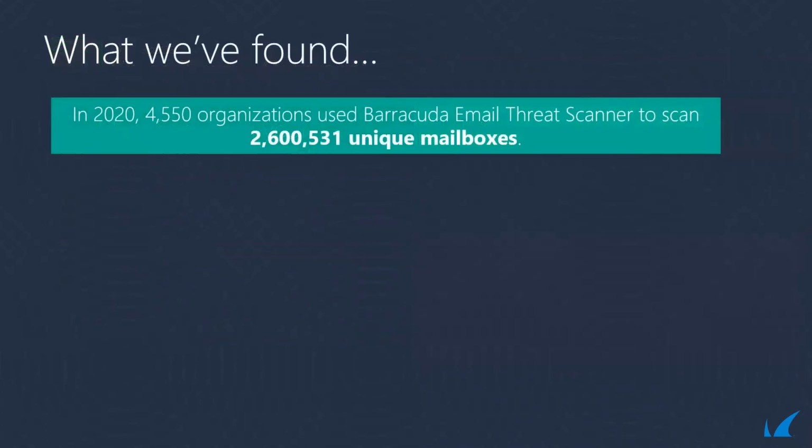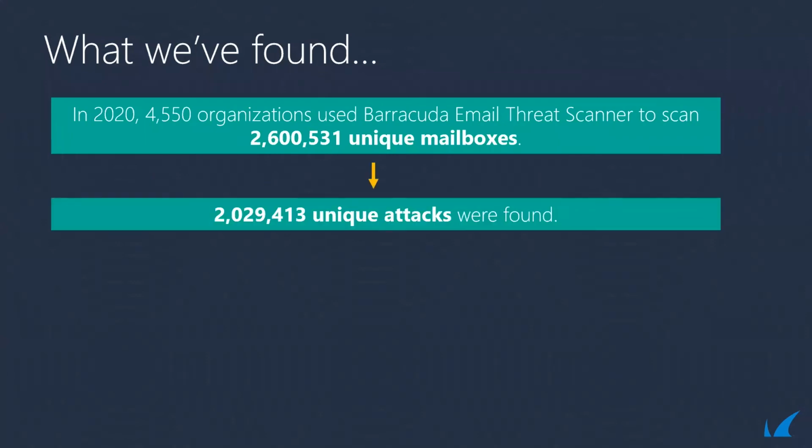So in 2020, about 4,500 organizations used Barracuda's email threat scanner, MSPs and alike, which resulted in about 2.6 million unique mailboxes. And of those, there was around 2 million attacks found. So that's on average around 1 per account.